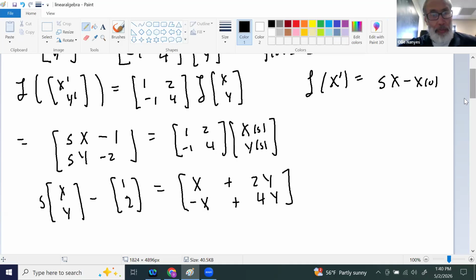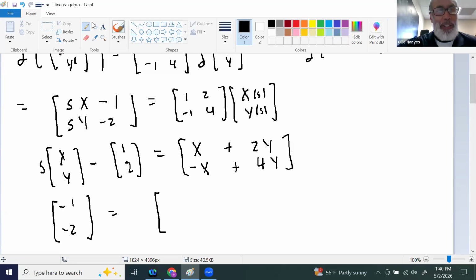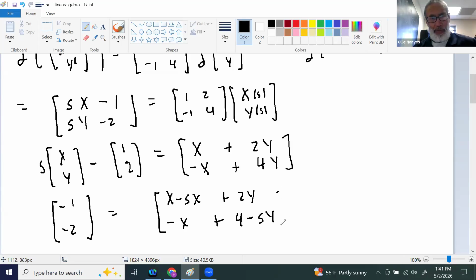Then doing a little bit of matrix algebra, we get the following vector equation. This is still a matrix here, so let's not be that sloppy. Actually this is correct, but now this is going to be x minus sx plus 2y and minus x, and this would be 4 minus sy.